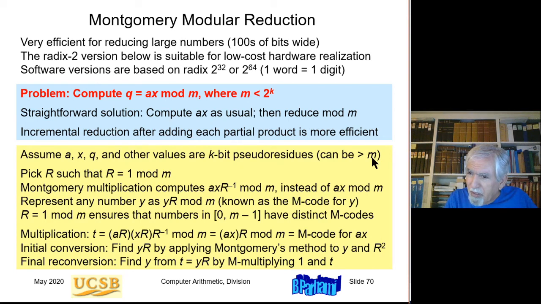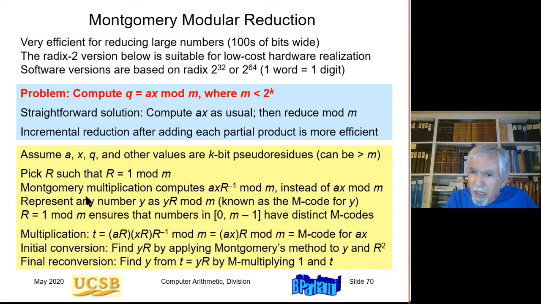Real residues mod m are all less than m, okay? But pseudo-residues can be larger. So for example, m plus 1 is a pseudo-residue mod m, which is the same as 1 mod m. Pick a number r such that r is equal to 1 mod m.